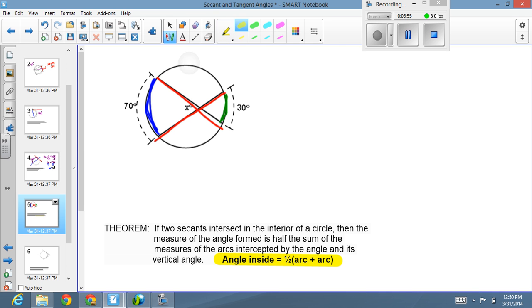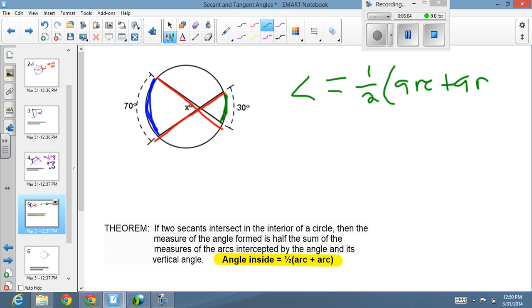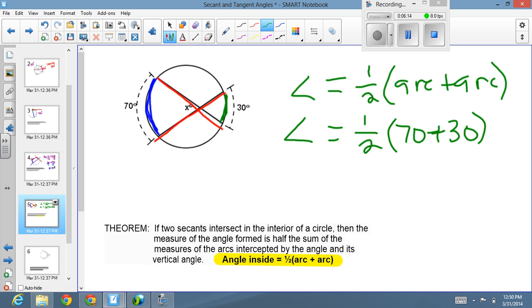So another way I can write this is that angle equals half arc plus arc. Well, my angle is equal to half of 70 plus 30, because those are the two arcs that are created. So that's half of 100, and in this case, x is equal to 50 degrees.